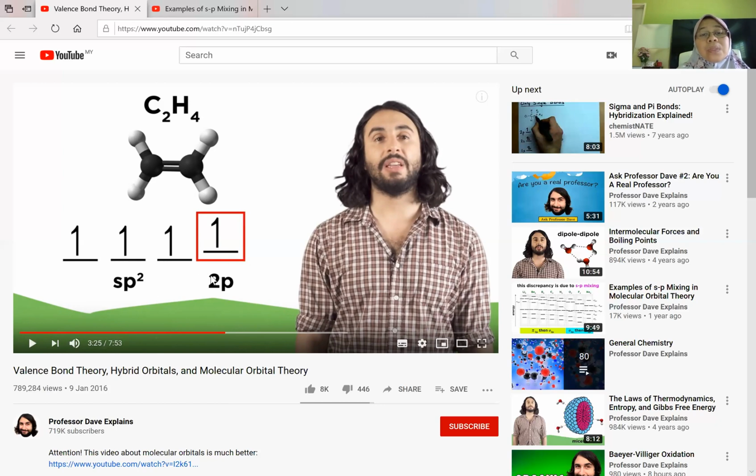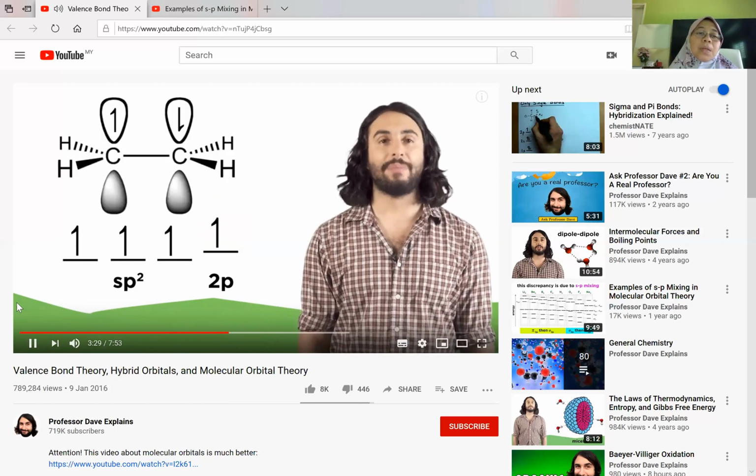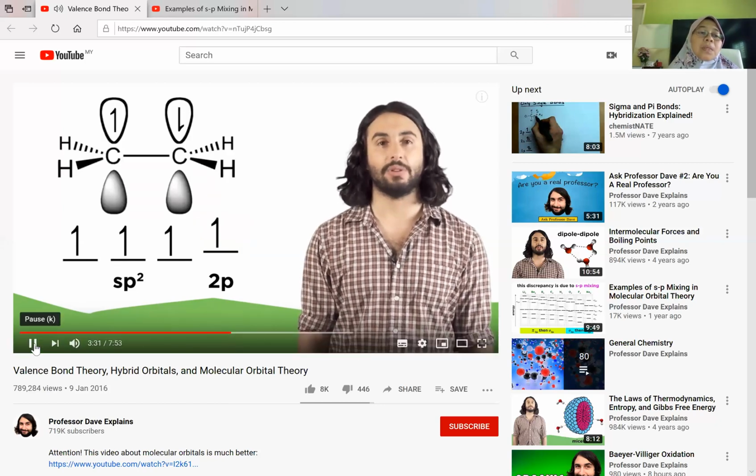So what happened to this p orbital? It is unhybridized. It is the overlap of these unhybridized p orbitals, okay, so it is called unhybridized p orbital. This is where the unhybridized p orbital is placed.